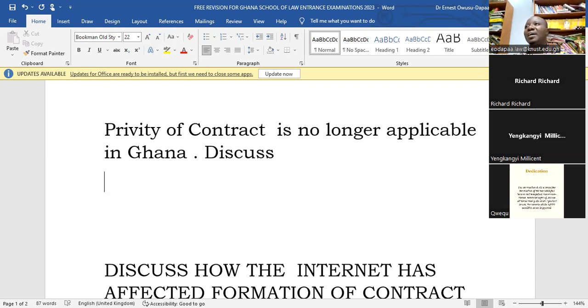Let's say typically you have a contract between A and B. A decides to transfer his rights and obligations under the contract with B to C. So there's an assignment between A and C. And by reason of the assignment, C will be able to enforce the contract against B in the same way that A would have been able to enforce the contract against B. Because by the assignment, C has stepped into the shoes of A, as it were, and will be able to do whatever A would have been able to do against B. So let us keep that in mind.